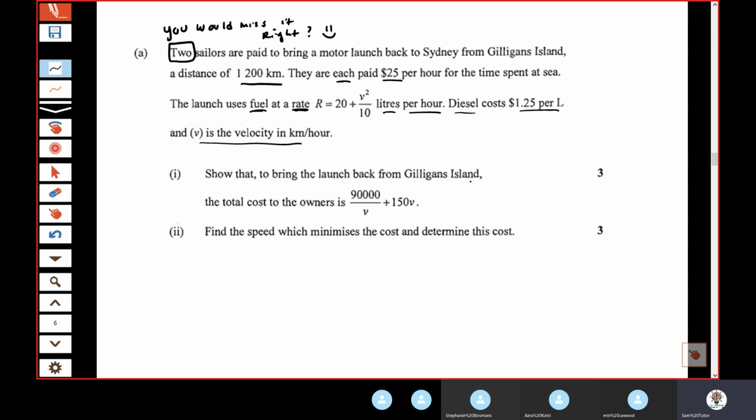Show that to bring the launch back from getting the total cost to the owners is this. But I'm going to still think about it as well, so just give me 2 seconds. You guys think about it as well, what you would do, and I'll work it out. Okay, I think I got what I would do.